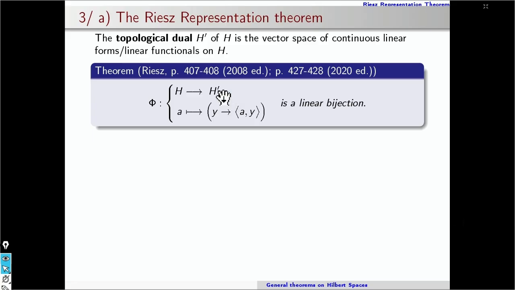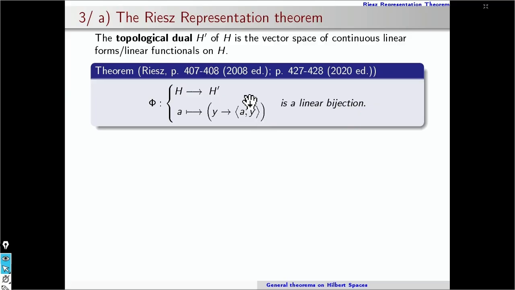So we denote H prime the topological dual of H, that is to say, the vector space of continuous linear forms, or continuous linear functionals, on H. The theorem says that the map which to a vector a associates taking the inner product with a is a bijection.